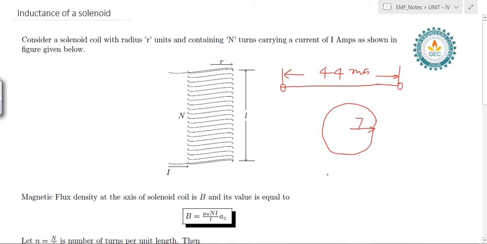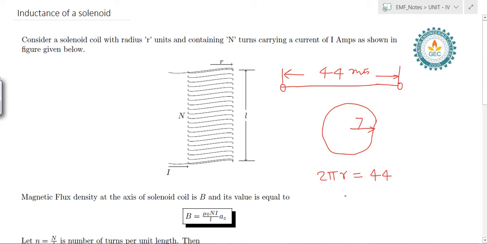You know that the circumference of a circle is nothing but its peripheral length. So the peripheral length, 2 pi r, should be equal to the length of the conductor.